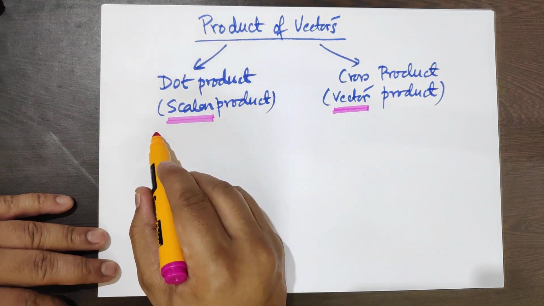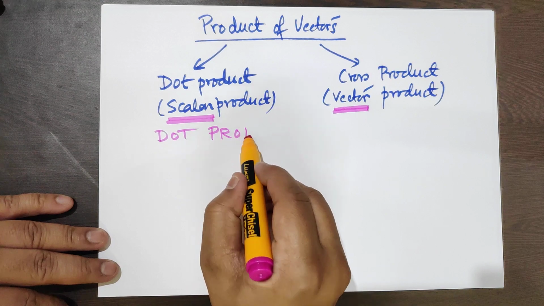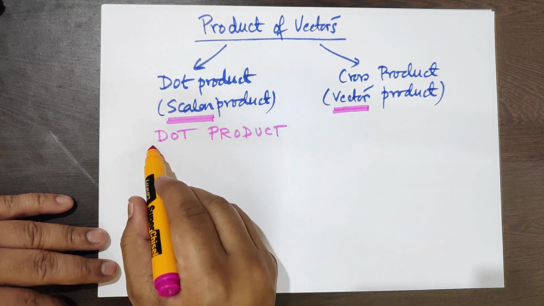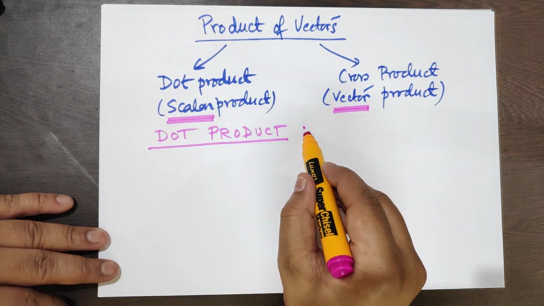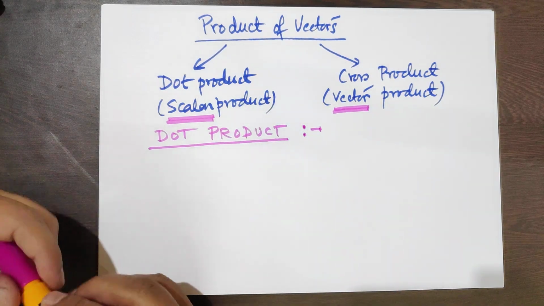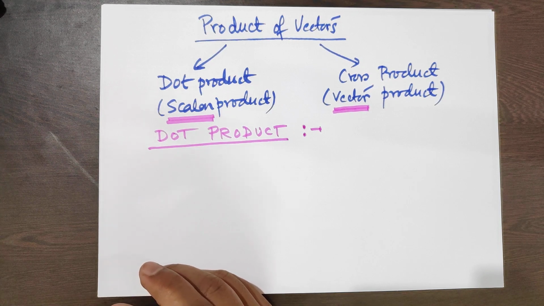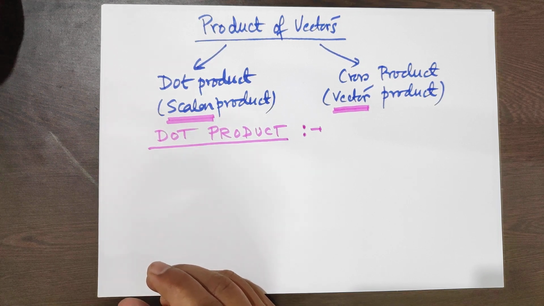So let's discuss the dot product first. I'll discuss it in the easiest possible way to apply, so that you can apply the dot product to solve problems. I am not going into huge depth of it right now.